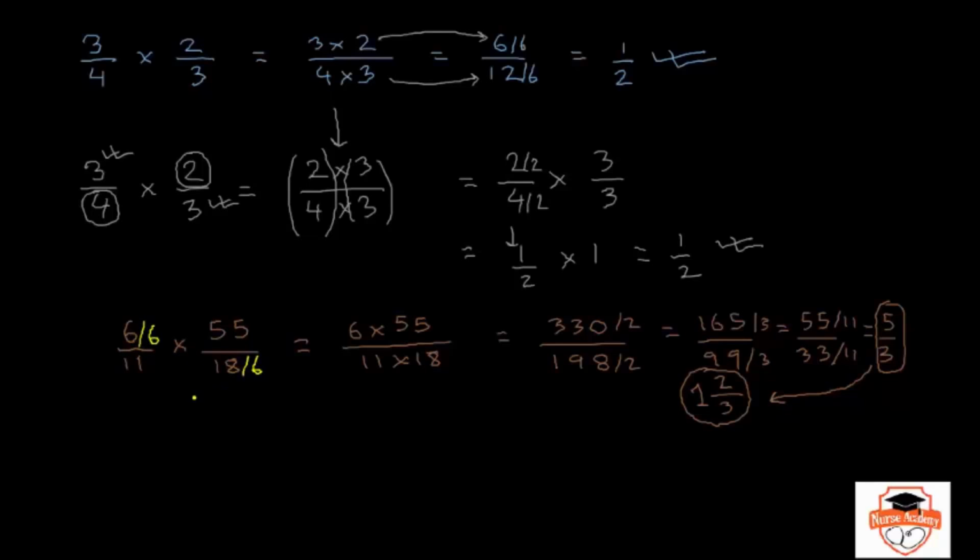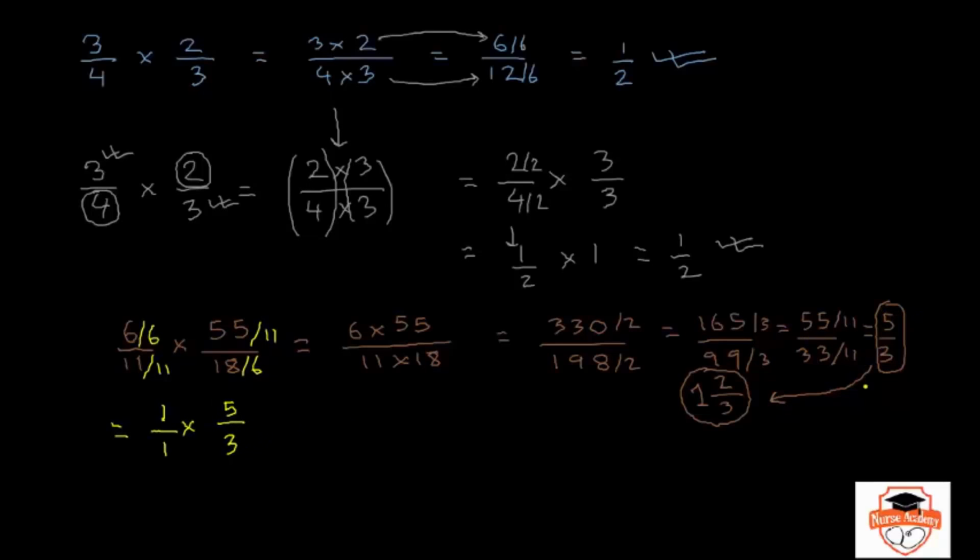And similarly, 55 can be divided with 11, this with 11, this with 11. 6 divided with 6 is 1 on the top. 11 over 11 is 1 times 55 over 11 is 5. 18 over 6 is 3. Straight away, we ended up having 5/3.